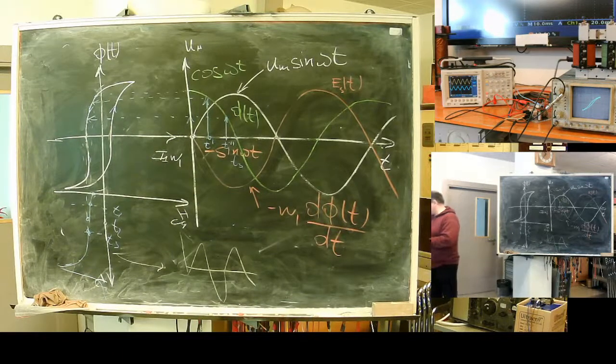But because steel of transformer has this magnetizing characteristic, magnetizing looks like this. It's not an ideal straight line. We will get such kind of magnetizing primary current, and this current contains third and fifth harmonics.